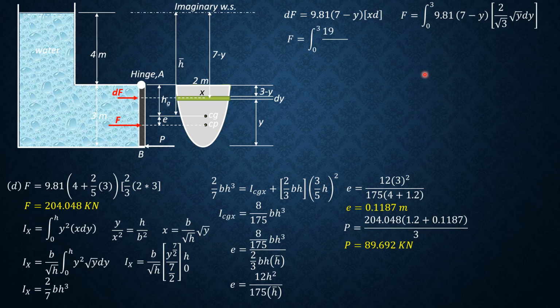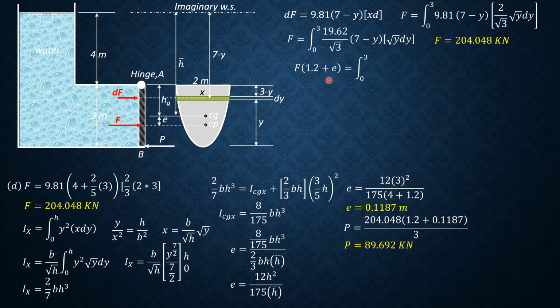Integrating using your calculator or by manual integration, 2 times 9.81 is 19.62 divided by square root of 3, times the integral of 7 minus y, square root of y dy. So solving for F, 204.048, which is the same as that. Then the moment of F about the hinge, which is F times 1.2 plus e, is also equal to the integral of dF times 3 minus y.